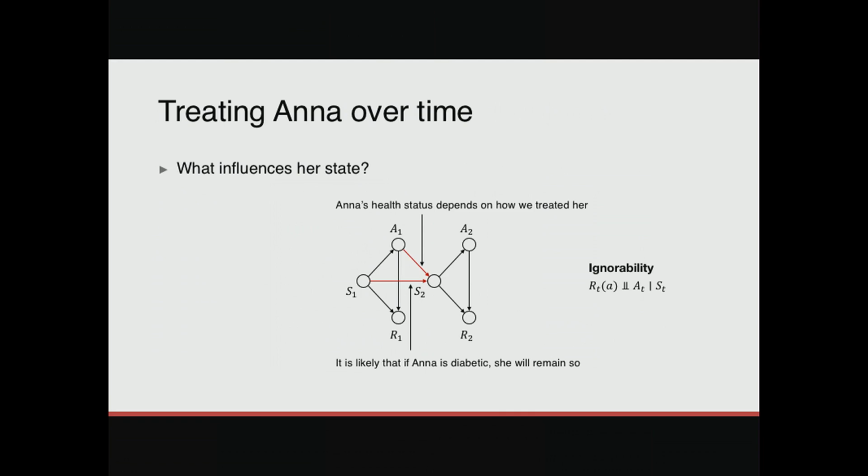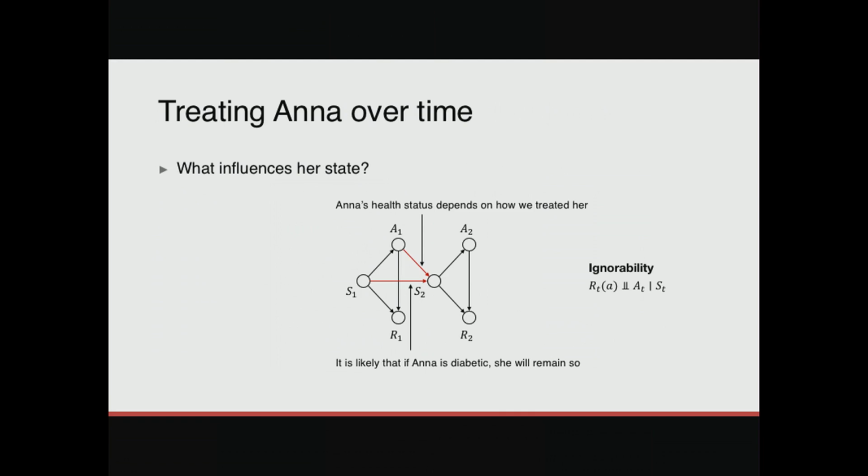So we've seen this. This is a Markov decision process as you've seen before. And this is very likely in practice. Also, if Anna, for example, is diabetic, as we saw in the example that I mentioned, it's likely that she will remain so. So the previous state will influence the future state. These things seem very reasonable, right?